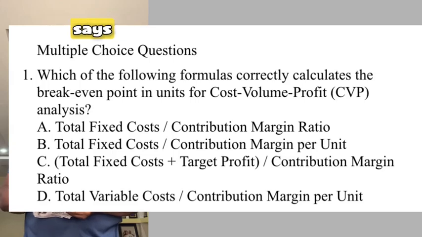Option B says total fixed cost divided by contribution margin per unit. Option C, total fixed cost plus target profit divided by contribution margin ratio. And D says total variable cost divided by contribution margin per unit.